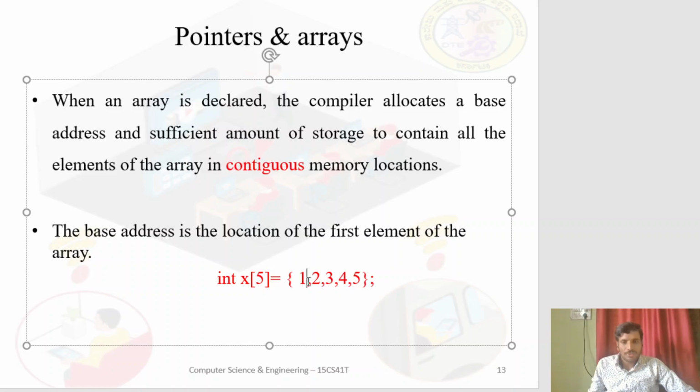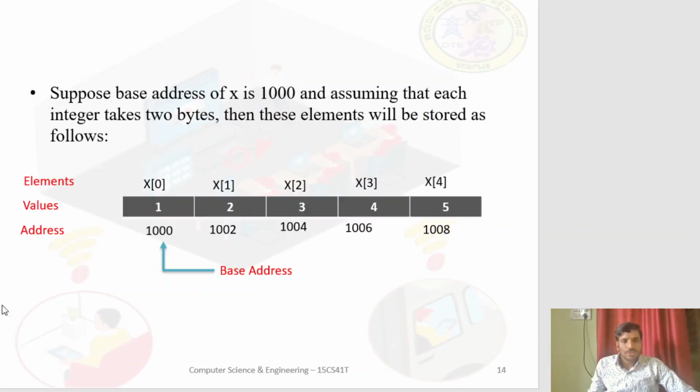So here the first element is 1. Let me show you how this is organized in memory. So x of 0, x of 1, 2, 3 up to 4, that is n minus 1. N is the size of the array, that is 5 minus 1 will give the last index of the array, and the values stored are 1, 2, 3, 4, 5.